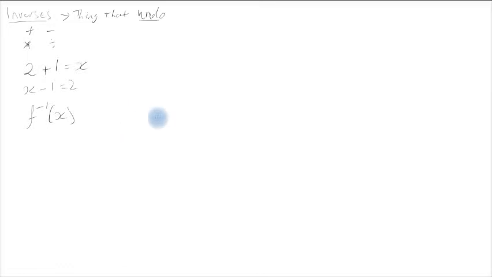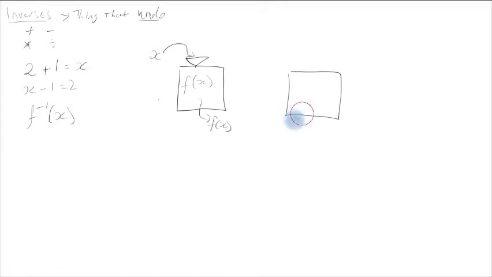So let's consider a function machine like we've done before. A function machine is one in which you put in your variable x, and in the machine it does the function of x, and you get out some output which is f of x. Now suppose you've got another function machine, and this one is the inverse function. You put your output from the first function machine, f of x, into this one.